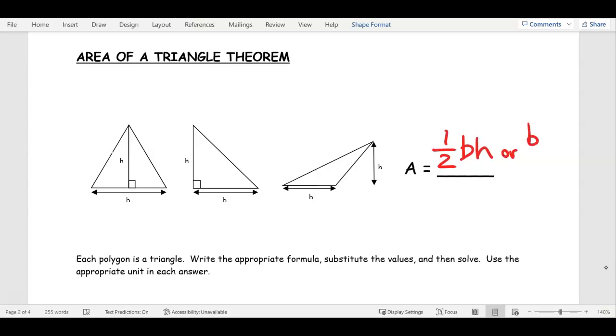So that's the second one, BH over 2. Because half of something is just basically dividing by 2, so that's perfect. I personally prefer the second one, base times height divided by 2, so I don't have to multiply a fraction, but they're the same idea.